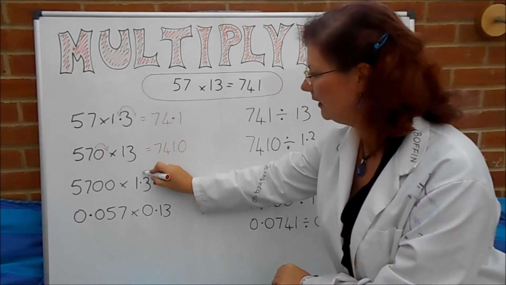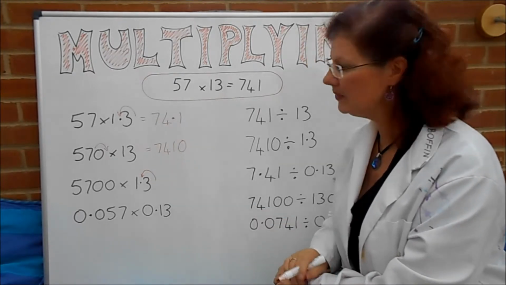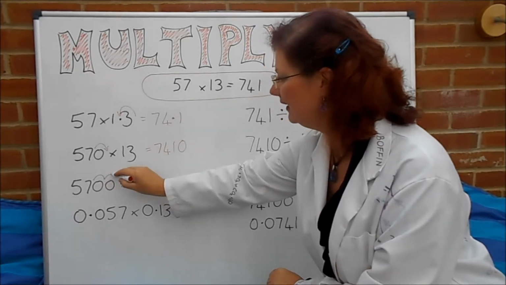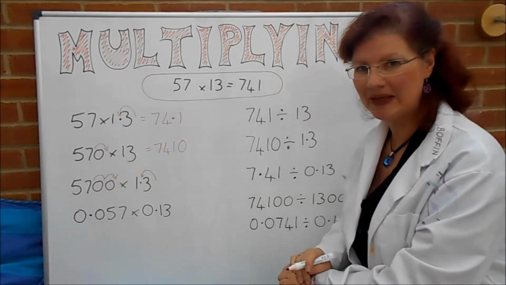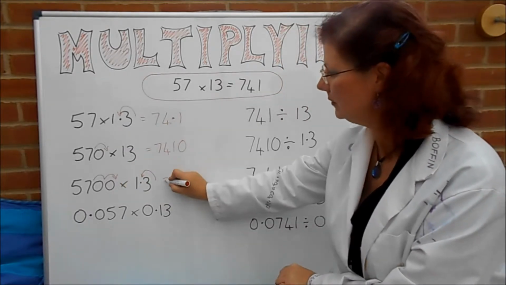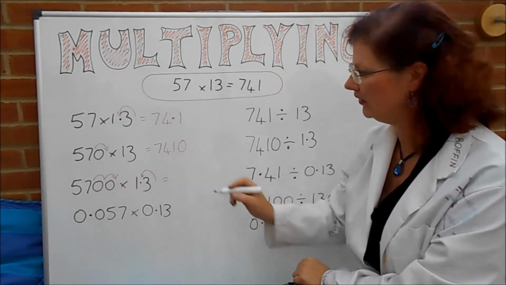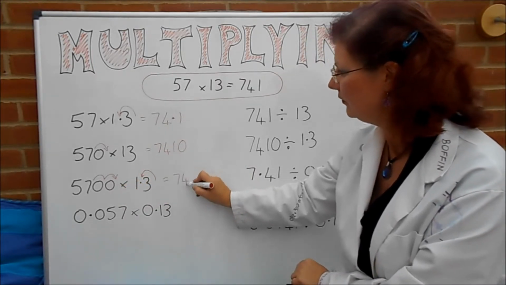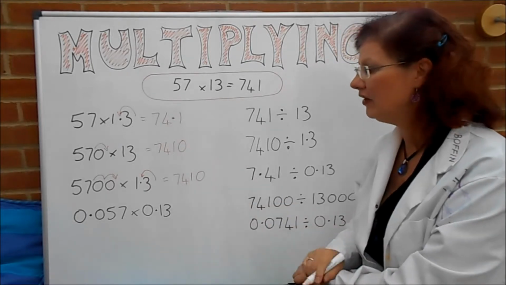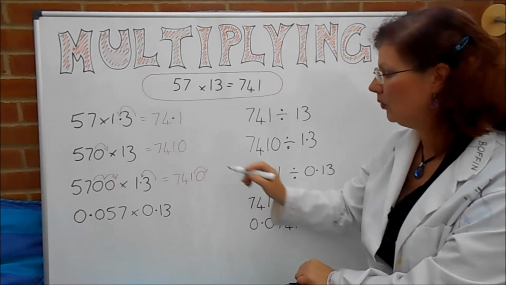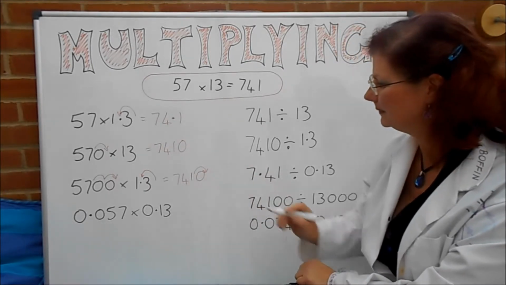Here, we've made it 10 times smaller and 100 times bigger. So all in all, that one's going to make the answer bigger, that one's going to make the answer smaller. 7410. We end up going one decimal place to the right.